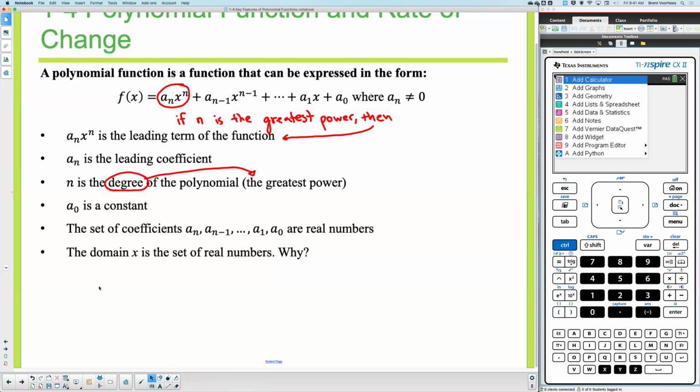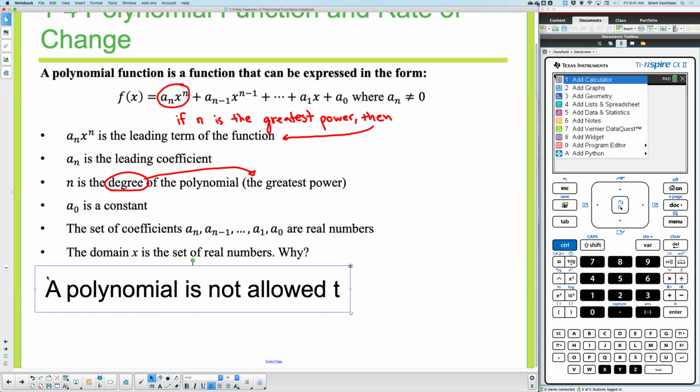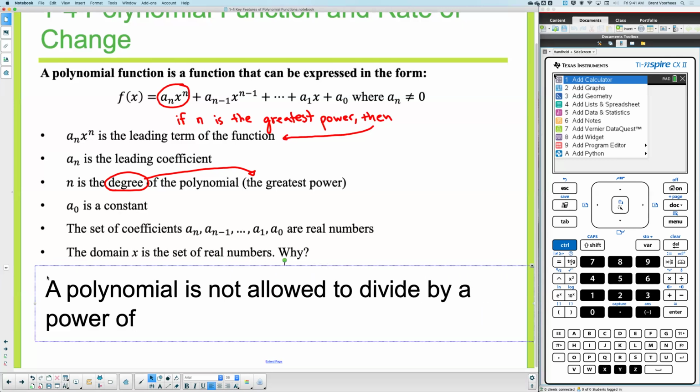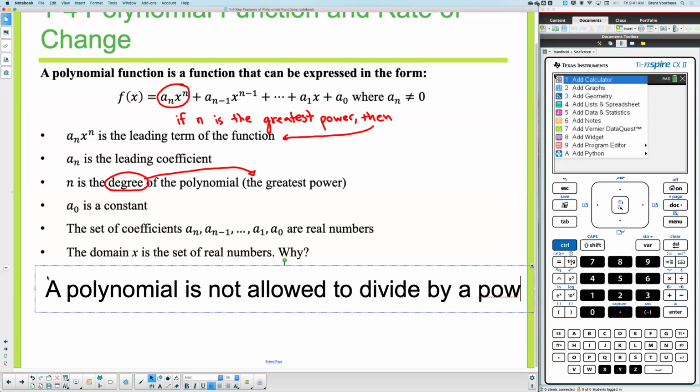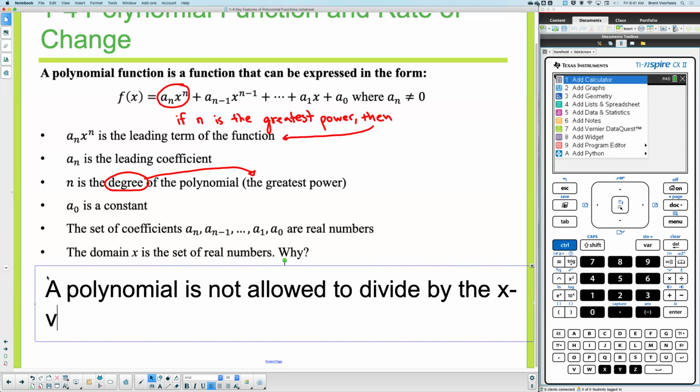Polynomials are going to be all reals. If you're wondering why, it's because of this. A polynomial is not allowed to divide by a power of x. Or let me just say, it's not allowed to divide by the x variable.